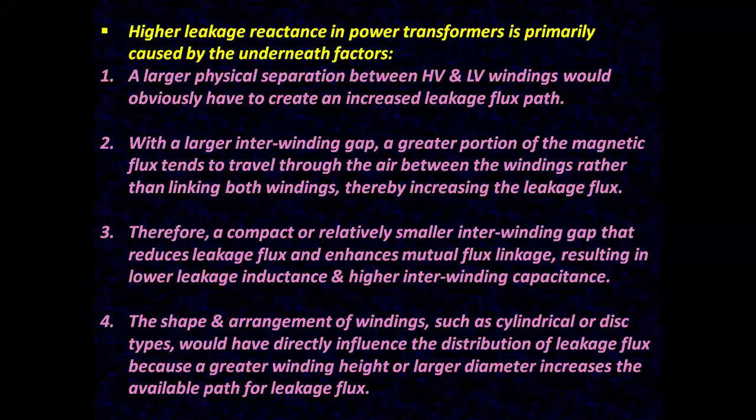The shape and arrangement of windings, such as cylindrical or disc types, directly influence the distribution of leakage flux, because a greater winding height or larger diameter increases the available path for leakage flux.